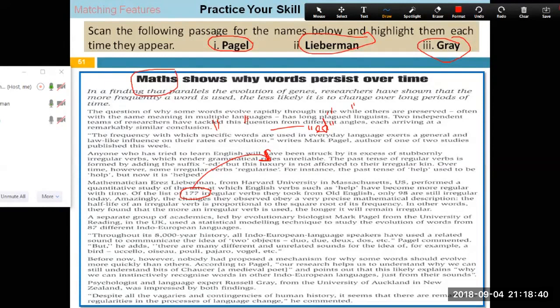That if we use a word frequently, it is more likely that it will not change its shape over the period of time. Like we know in English, yes was pronounced as ye, and no was pronounced as nay, right? But now it's yes and no. So they changed their shape over the period of time.